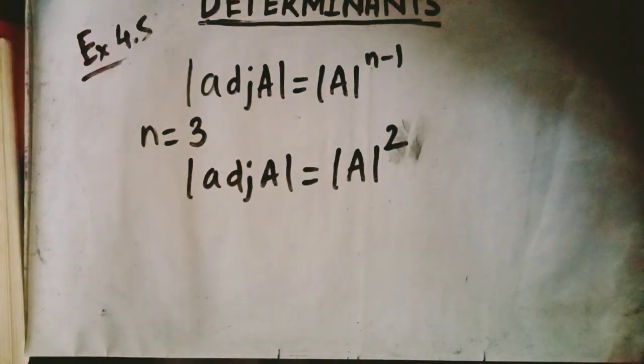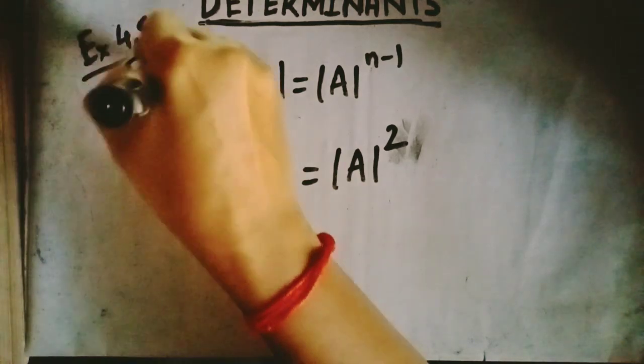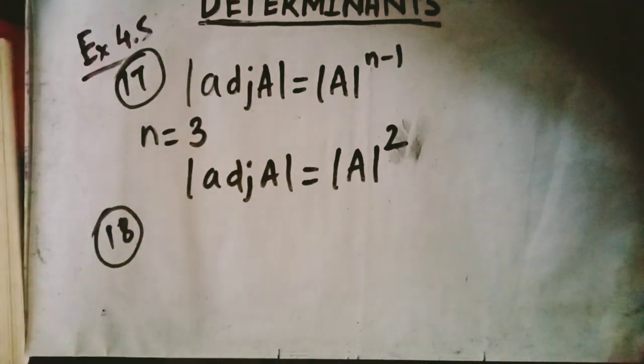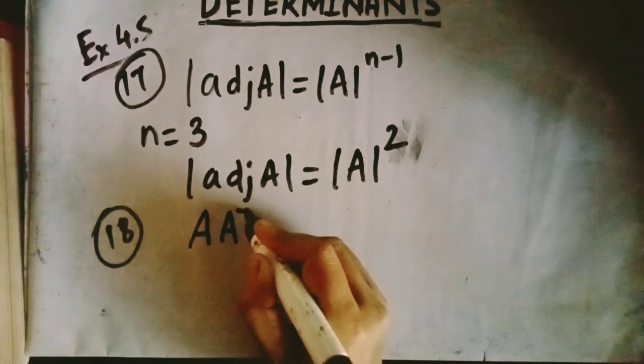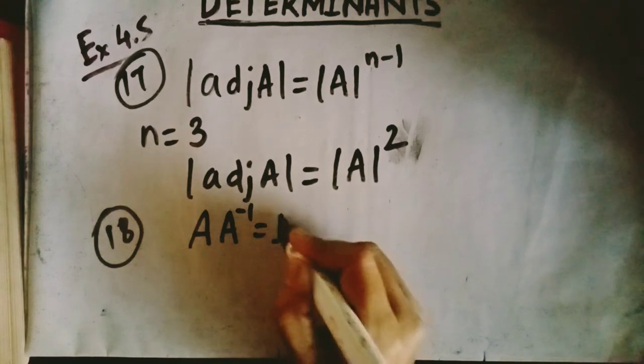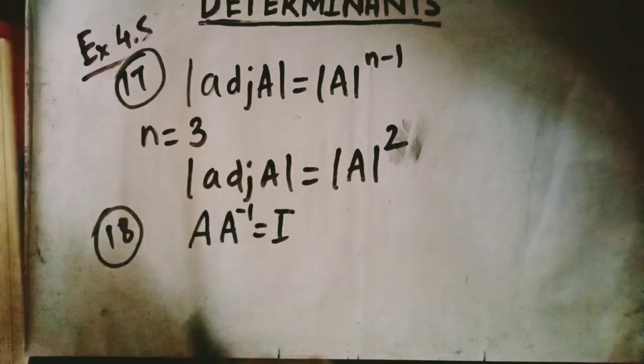For the next question, question 18. If A is an invertible matrix of order 2, then the determinant of A inverse is equal to? Now it is invertible, so the determinant is not equal to 0. The equation is A A inverse equal to I, correct?